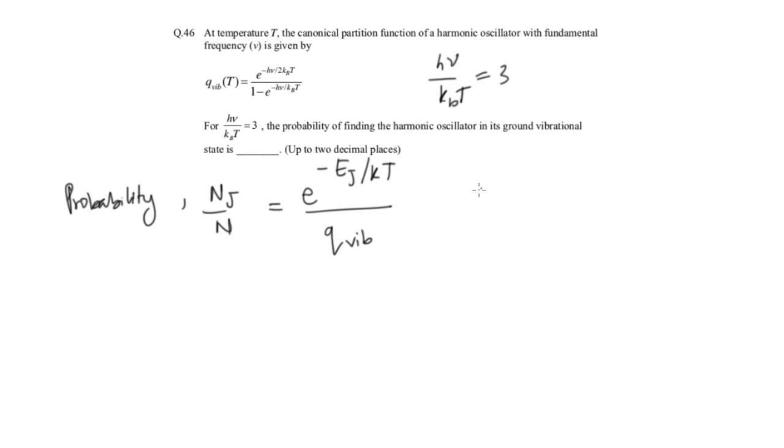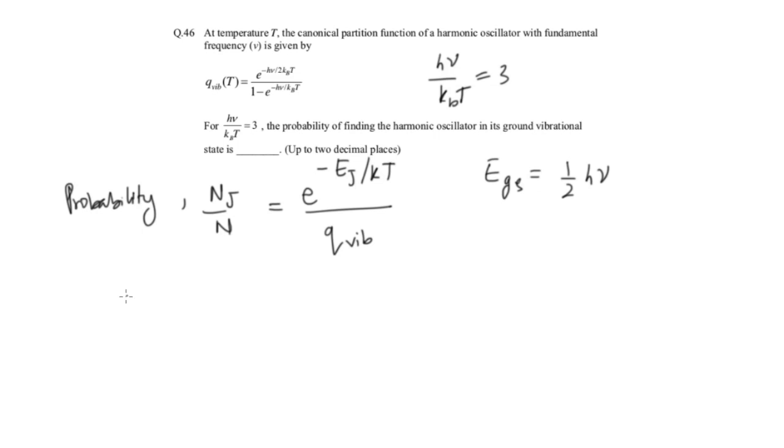Now for the ground state, we know that the ground state energy of a harmonic oscillator is given by half h nu, right? So in the place of Ej we can put half h nu, okay?